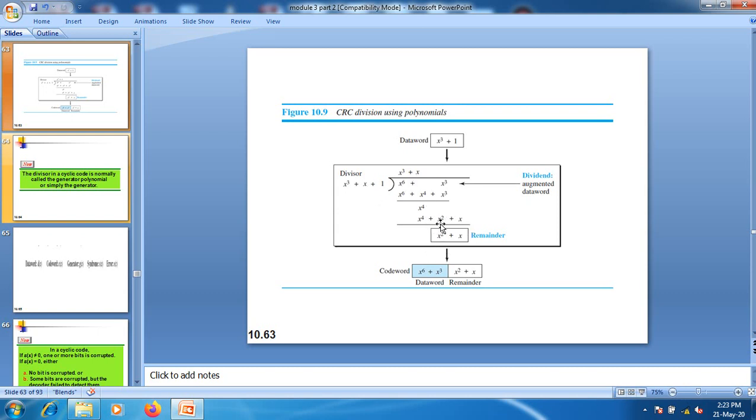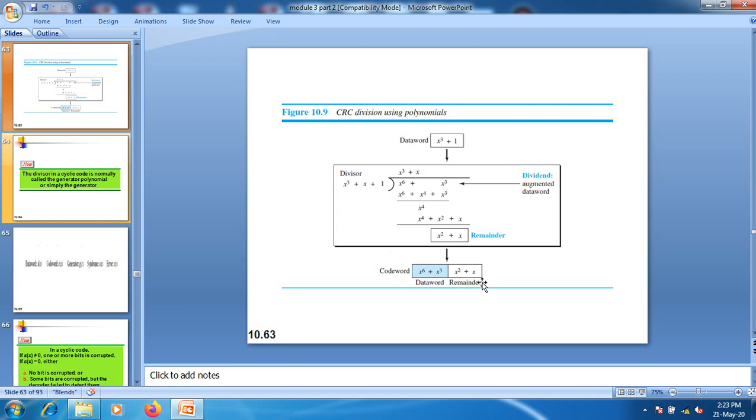In that case, we are getting the remainder x to the power 2 plus x. That is at the source side, and I need to append this to the data word. In that case, we are generating the code word x to the power 6 plus x to the power 3 plus x to the power 2 plus x. That is the code word we are generating.